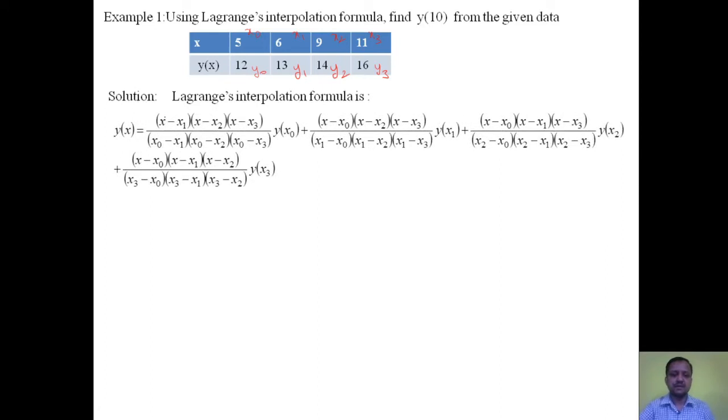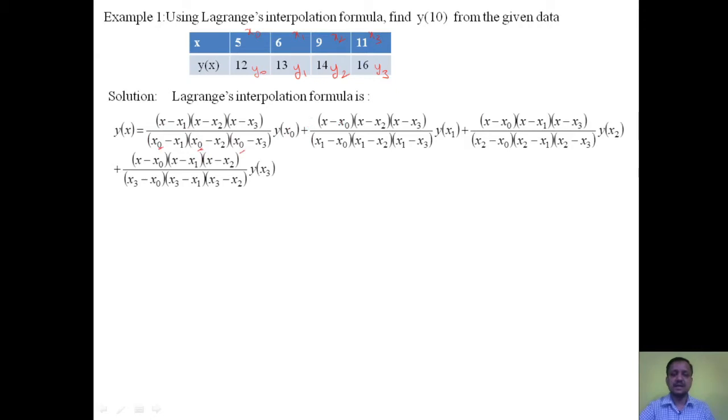So here in the first term we neglect the x0 value. We write the remaining values: x minus x1, x minus x2, x minus x3. Whatever we neglected will appear in place of x in the numerator, so we replace x with x0 in the denominator, into y at x0.